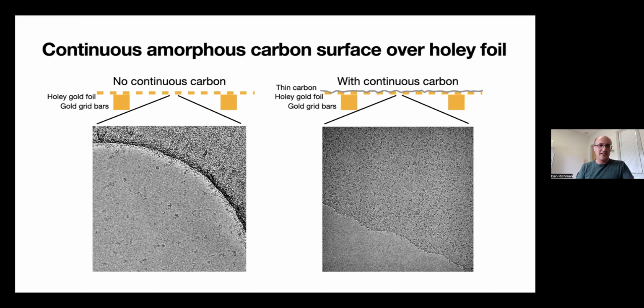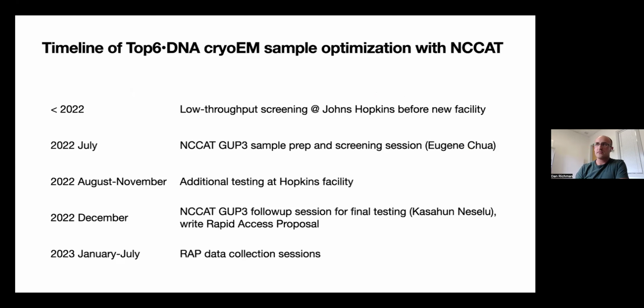And you can see with open holes on the left, there's sporadic protein in the hole, some unfolded clusters, aggregates, it's adhering to the carbon around the edge, versus with continuous carbon that shows a broken segment, so you can kind of see the contrast. On the right, the particles are discrete, well-behaved, well-dispersed. So part of my appreciation for NCCAT was being able to narrow this down.